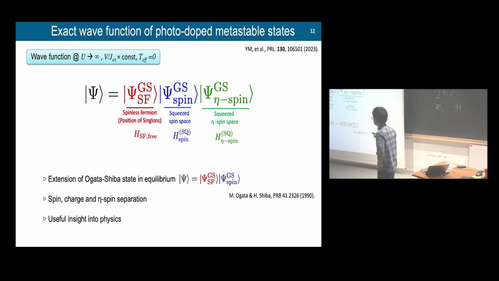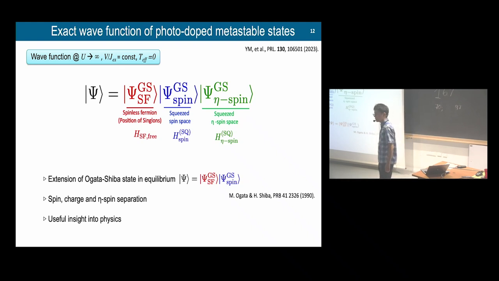Let me start by showing the form of the wave function. We consider the large U limit and think of the effectively low temperature case. The wave function is expressed in this way, which is factorized into three parts: a spinless fermion part, a spin part, and an eta spin part. I'm going to discuss what it means in a minute.